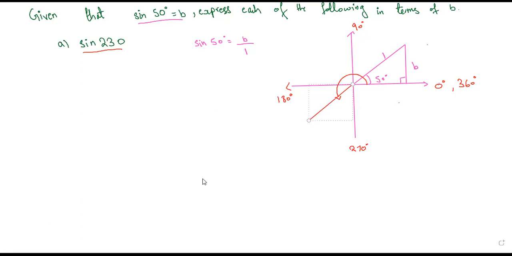What would be the equivalent acute angle, Munja, if the total is 230? It will be 50 degrees. Yes, very good. I will make the right angle triangle. It should be like this. This is the right angle. So now the value of sine 230 is basically the value of sine 50. And what next?